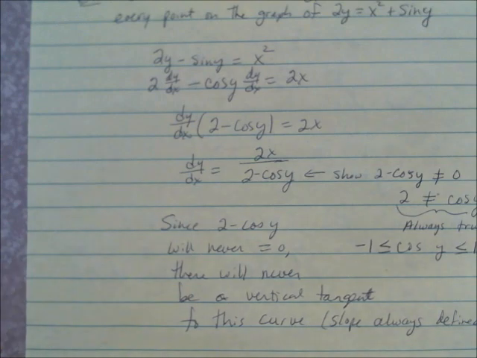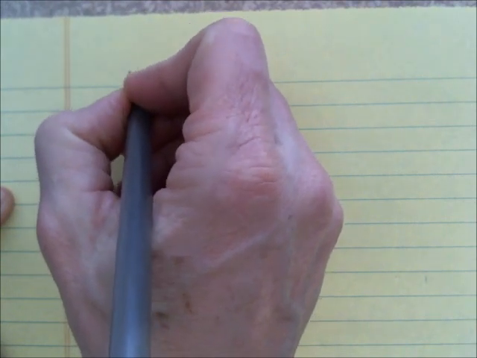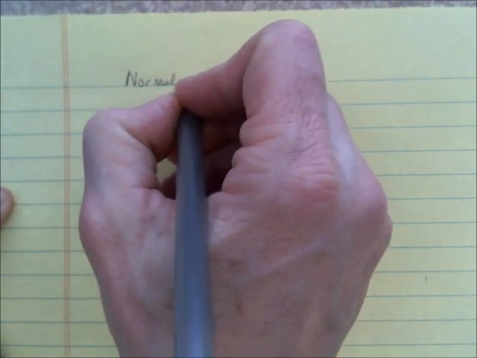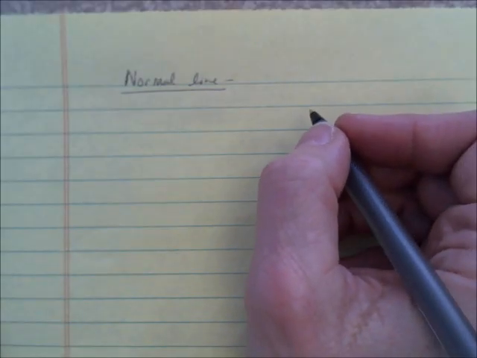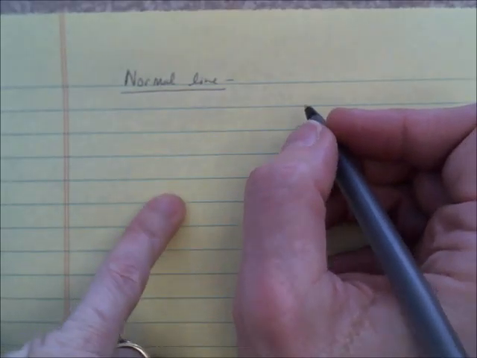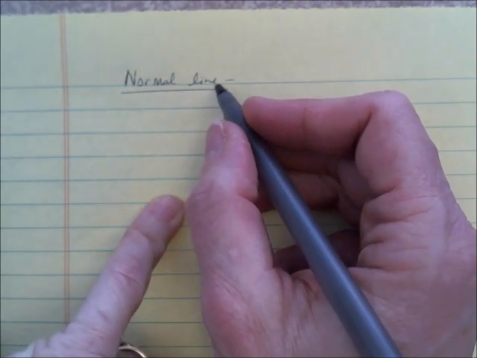The next thing I want to talk about is a normal line. I'm not sure if you ever covered normal lines in any of your other math classes, or if I ever talked about it in this class. But a normal line is kind of the opposite of a tangent line. A normal line is a perpendicular line.